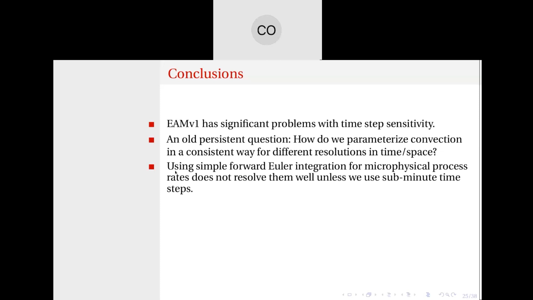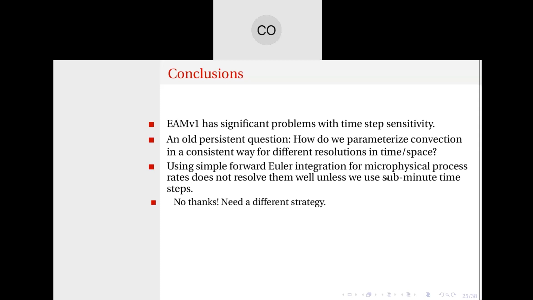We also noticed that using forward Euler integration for microphysics process rates just doesn't resolve them well. And we found that it's around sub-minute time steps that you need to resolve things like the rain production and evaporation rate.